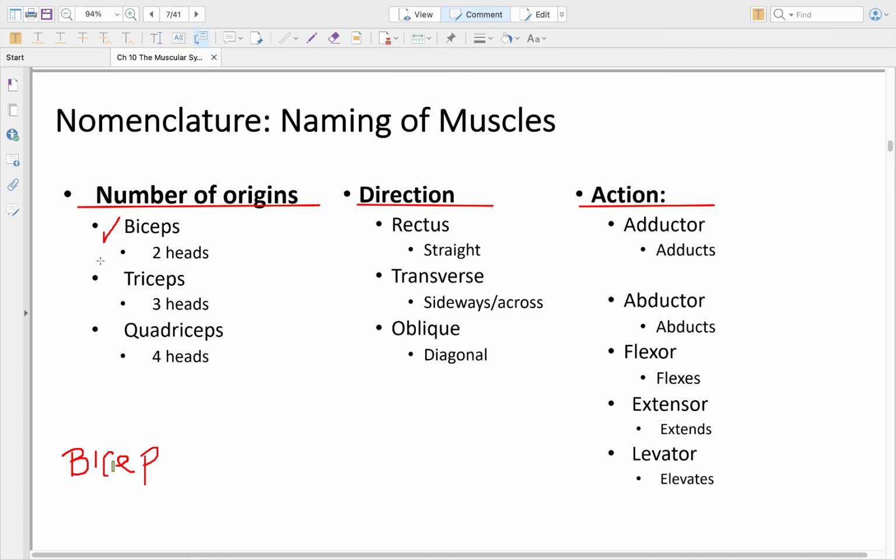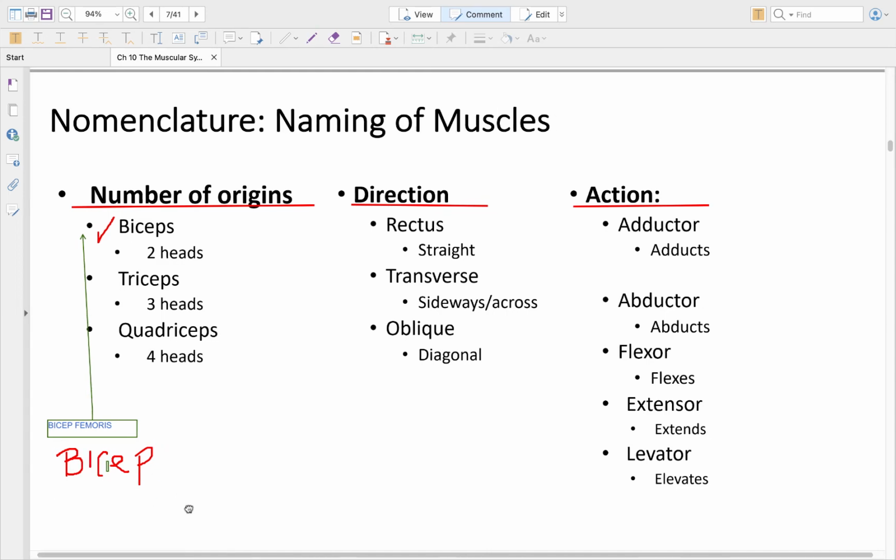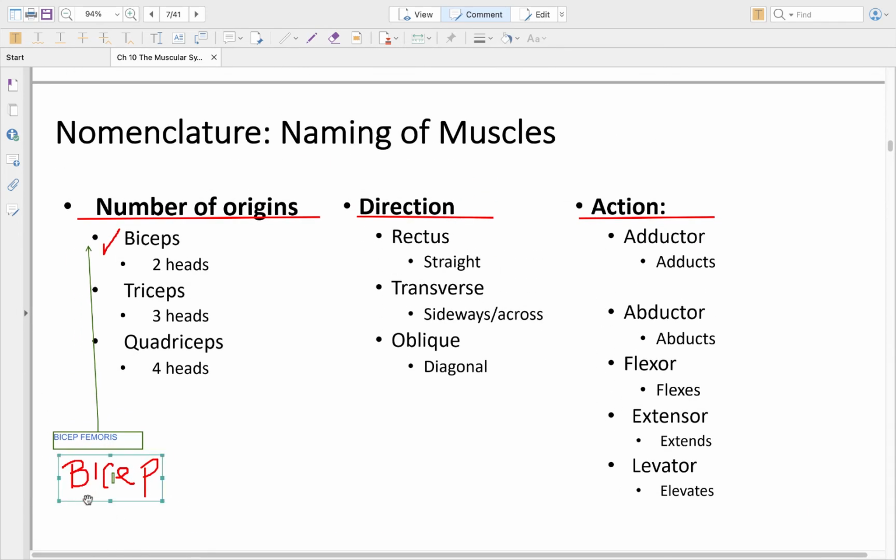Where can you find, I want you guys to look this up, and you might already just know it, but Bicep Femoris. If we have a muscle called the Bicep Femoris, and I don't know anything about it, but I just have the name in front of me, I can actually figure out quite a bit.